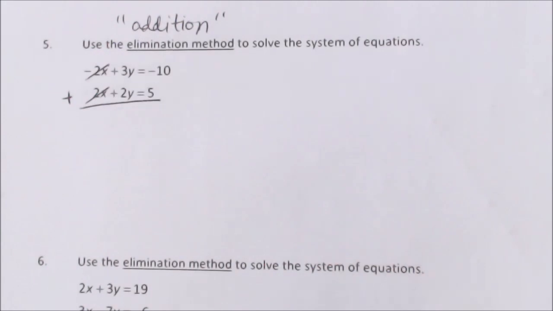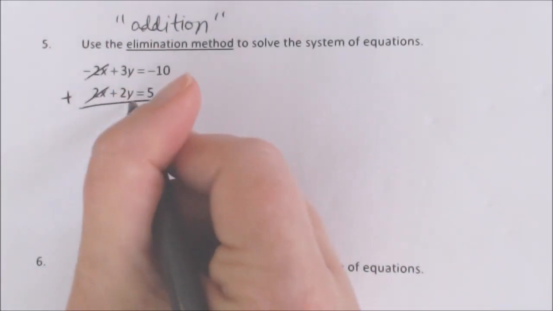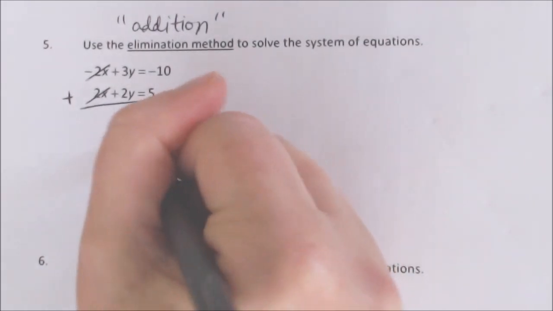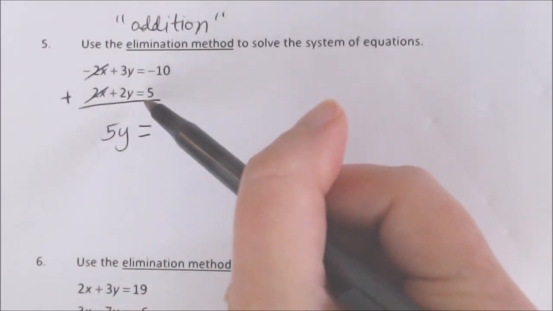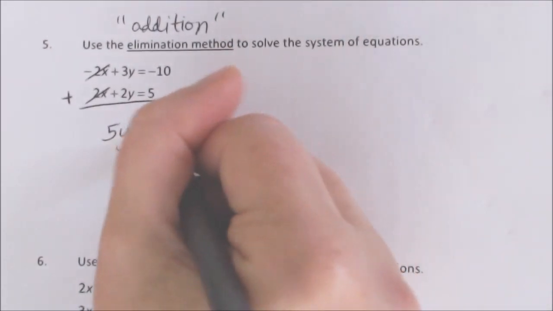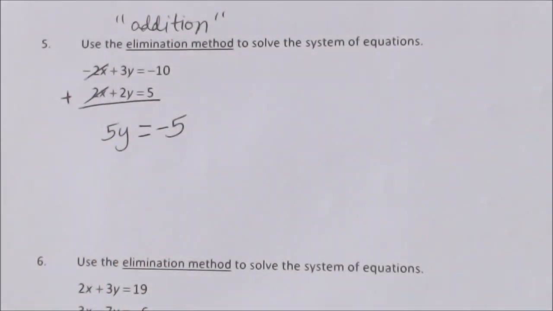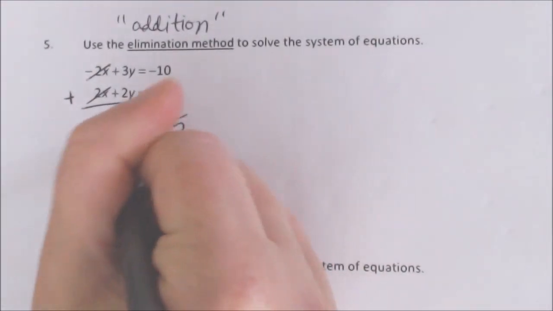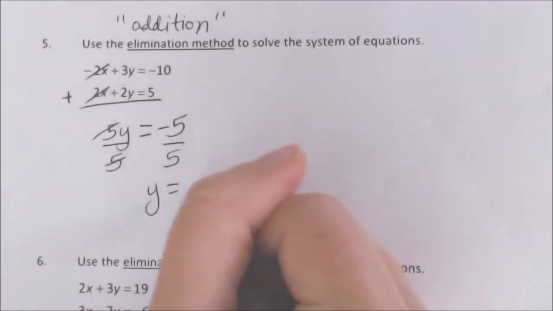They will cancel out, and I'm left with 3y plus 2y, which is 5y, equals -10 plus 5, which is -5. And so what that does is it eliminates one of the variables temporarily so that I can solve for the other variable. So I'm going to divide both sides by 5, and I have a solution for the y of -1.